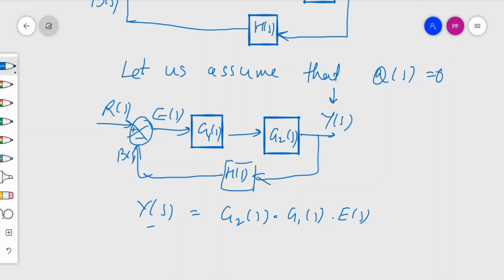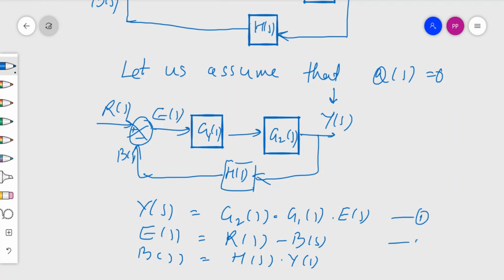So similarly, we get E(s) equal to R(s) minus B(s), and then we have B(s) equal to H(s) into Y(s). Now this is equation 1, this is equation 2, this is equation 3.